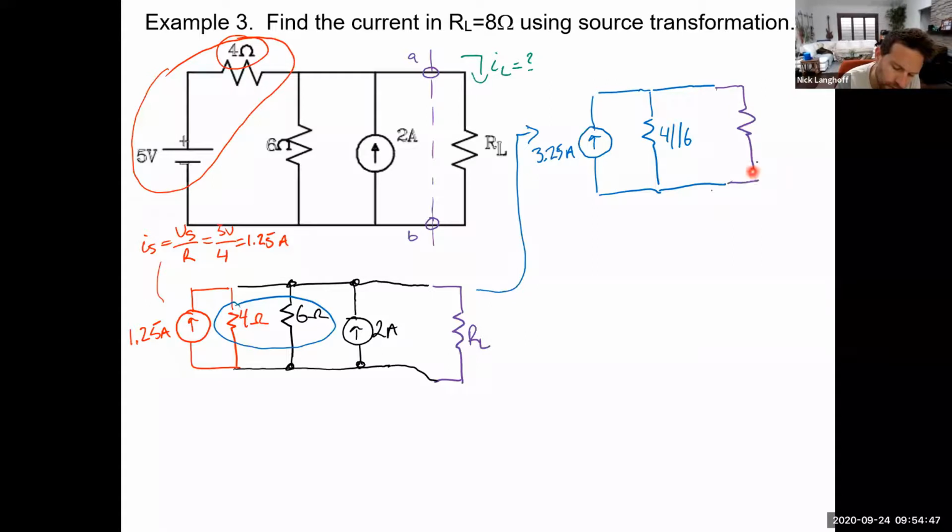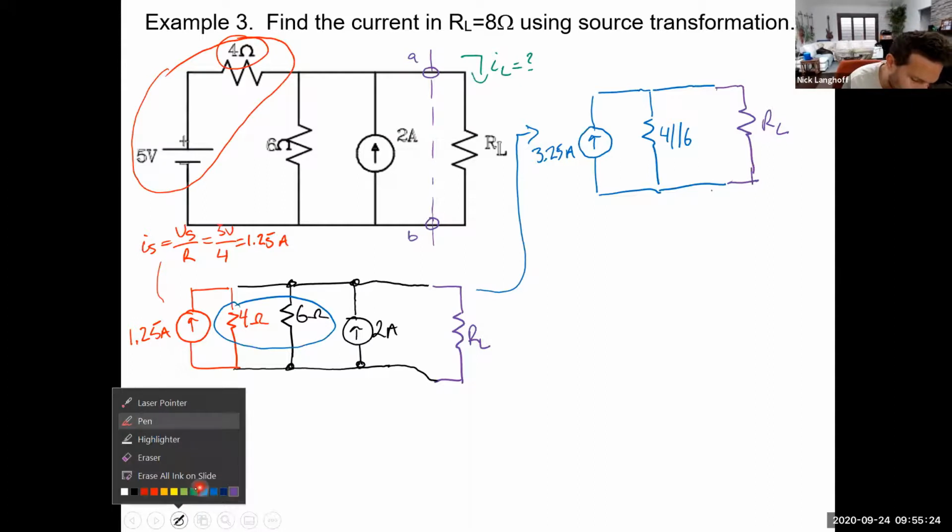Keep in mind that since it's the current through the load RL we're looking for, we're going to make sure to not wrap that up into the circuit. So yes, the 4 ohm and the 6 ohm are also in parallel with RL. At this point, I could turn it into one single resistor, putting all of them together in parallel, 4 parallel 6 parallel RL. I don't want to do that because I still want to find the current through RL.